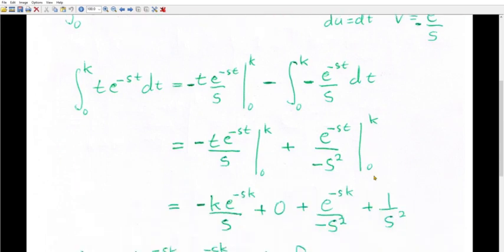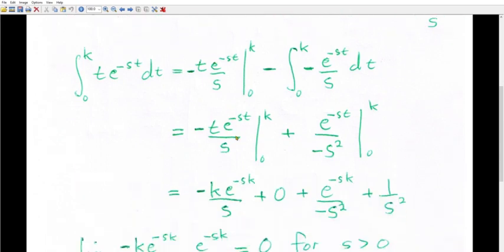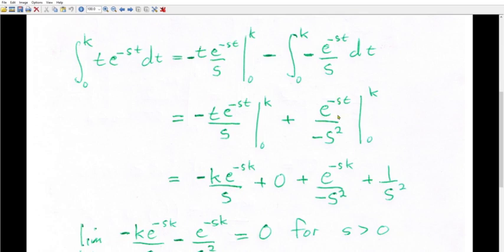Okay, and now that's just this term, and minus minus is plus, and we've found antiderivatives of e to the minus st any number of times already. It's e to the minus st over minus s. There's already an s here, so you get e to the minus st over minus s squared. Again, both of these are between 0 and k.